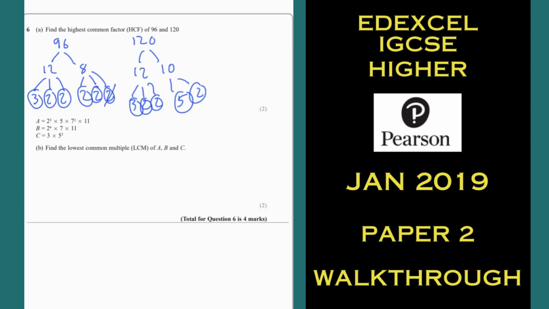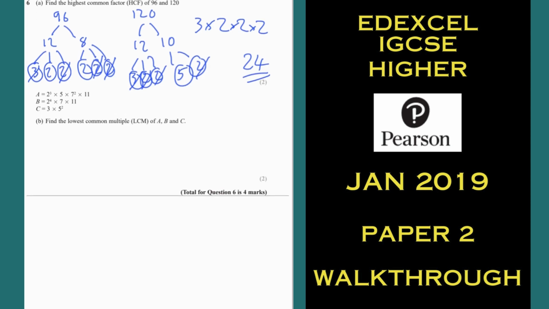So we have a 2 in both, there's another 2 in both, there's another pair of 2s in both, and there's a 3 in both. There's no others. Get them times, we get the HCF to be 24.